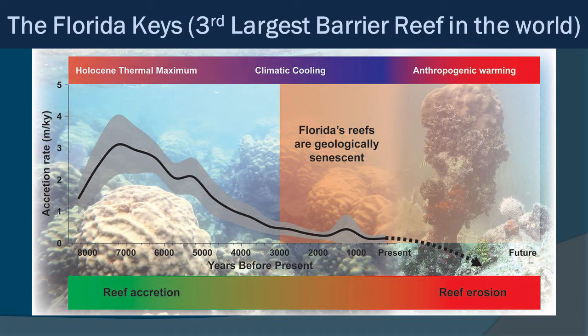And then it started to go down due to the climatic cooling that occurred after that. And Florida's reefs are essentially stated as being geologically senescent. What essentially that means is that we are no longer really developing.